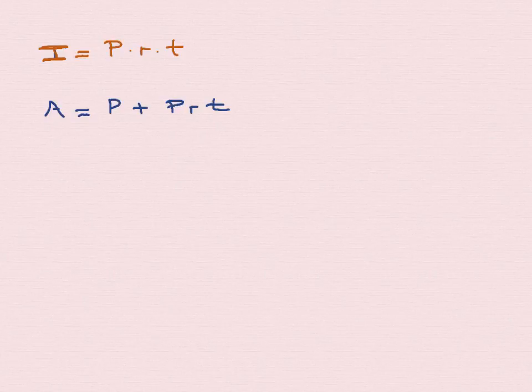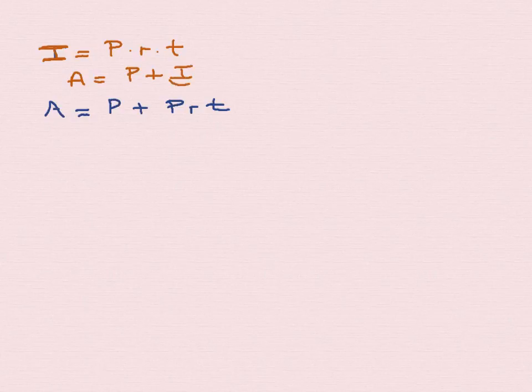We also found out that if I asked you how much money you had to repay at the end of that borrowing period, you would take the amount that you would owe back in interest and add to that the amount that you had borrowed in the first place. So it was the principal plus the interest.